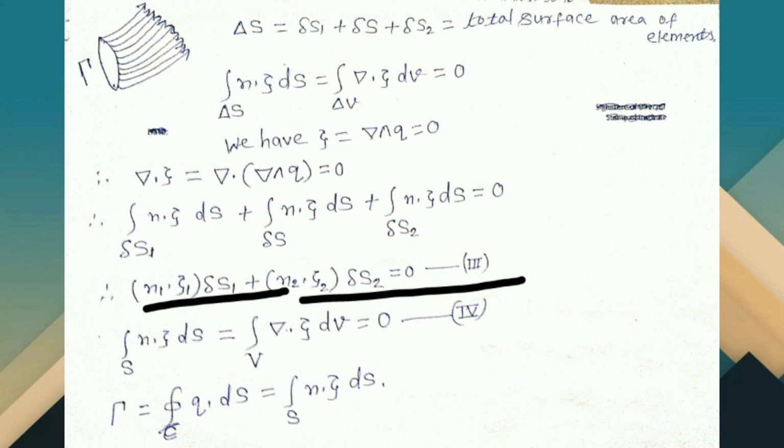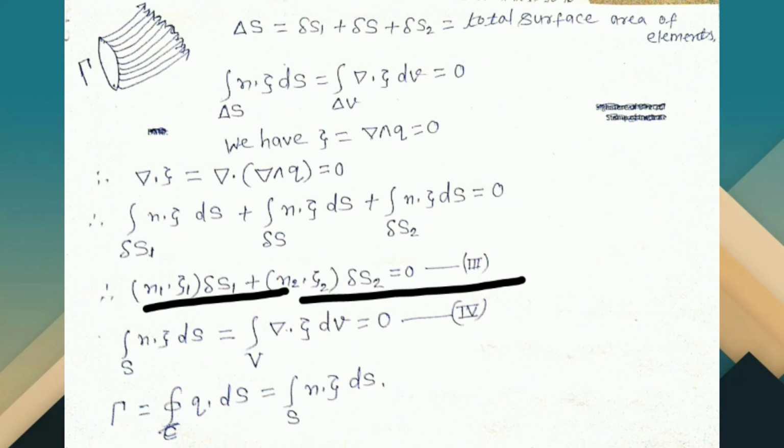This equation shows that mod n dot zeta delta S is a constant over every section delta S of the vortex tube. Its value is called the strength of the vortex tube. A vortex tube whose strength is unity is called a unit vortex tube.